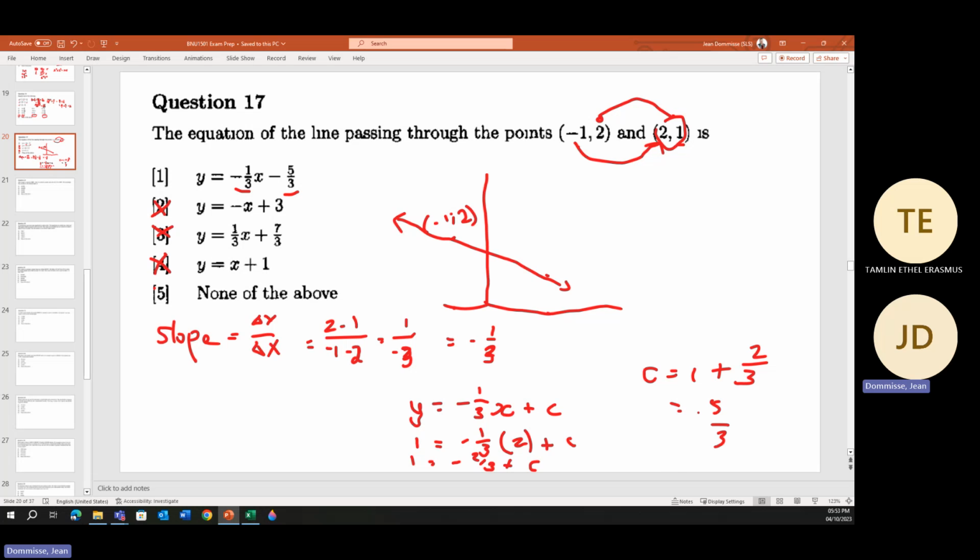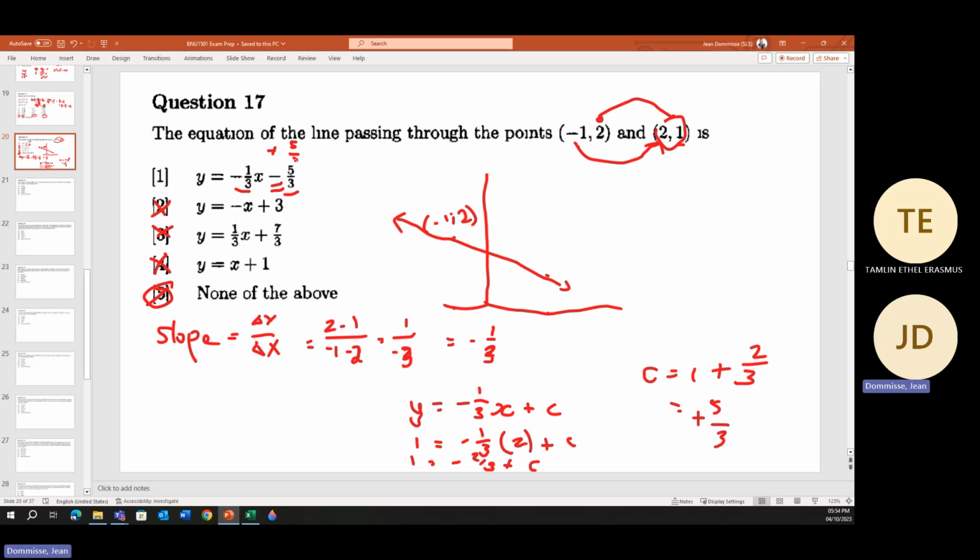If I take, it is actually positive. Okay, so then with this one, it would have been none of the above because my y cutoff is positive. It should be plus 5 over 3 and not minus.